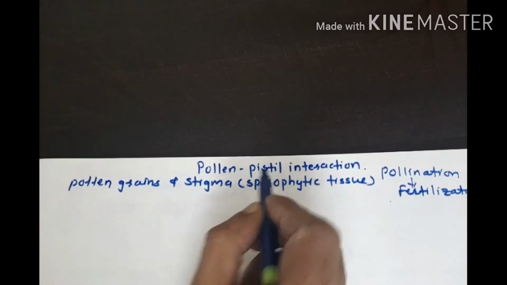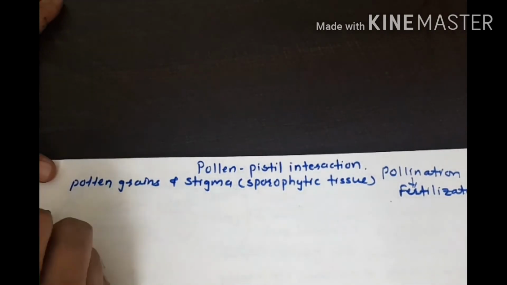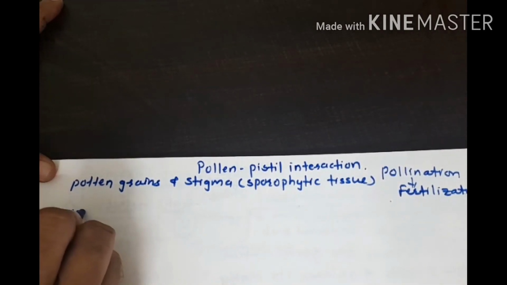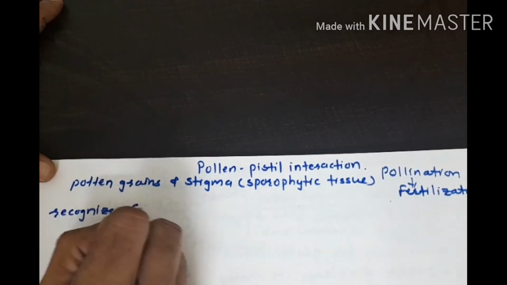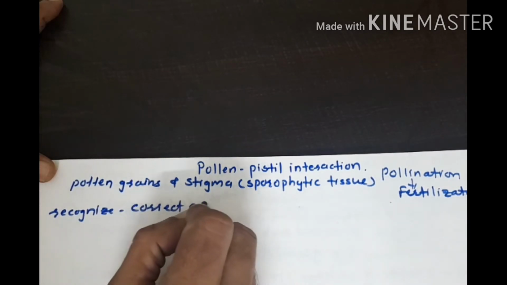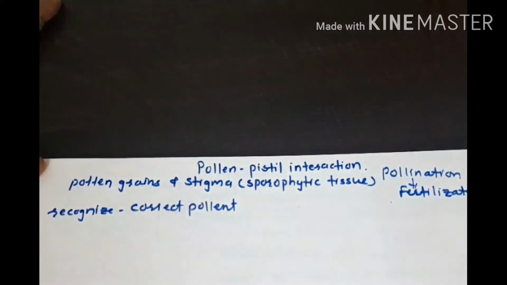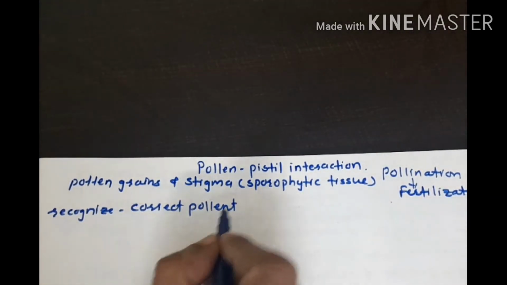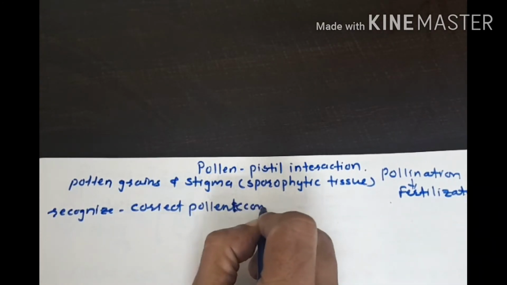Now, the pistil has the ability to recognize the correct pollen. Pistil has which ability? It has the ability to recognize the correct pollen. It is called compatible pollen.